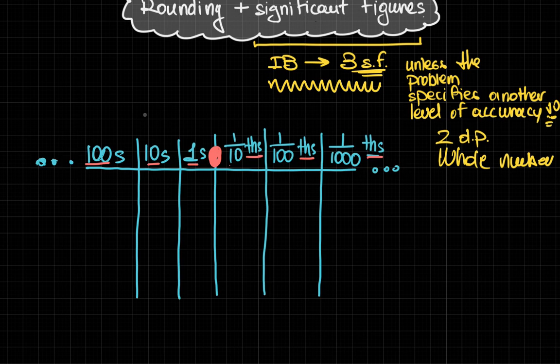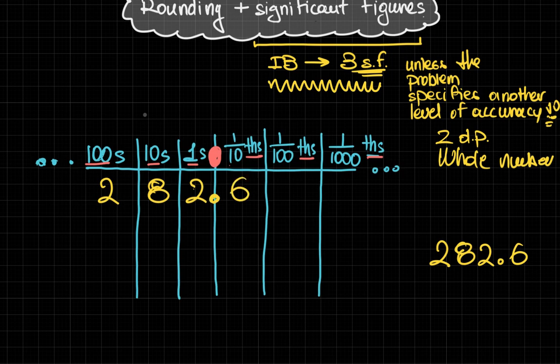Now let's give an example of a number to see what the significance of those places is. Let's say we go with the number 282.6 and I position it where exactly it needs to go. So 2 is going to go here, 8 is going to go here, 2 is going to go here, then the decimal point, and then the 6 on the other side.